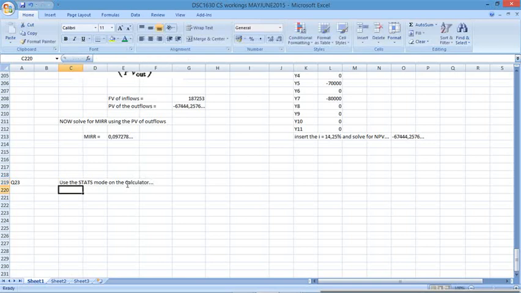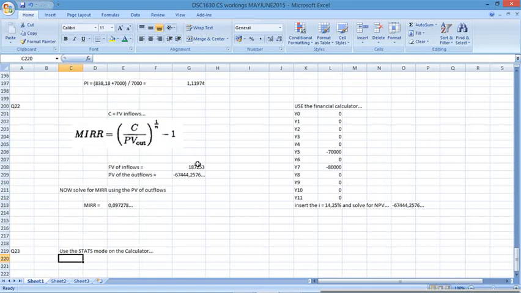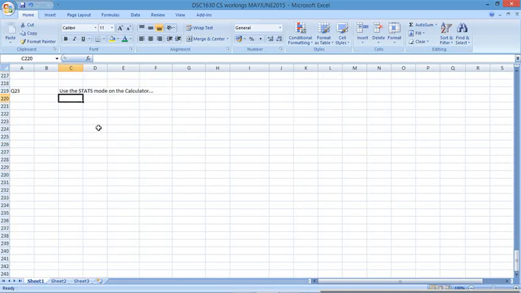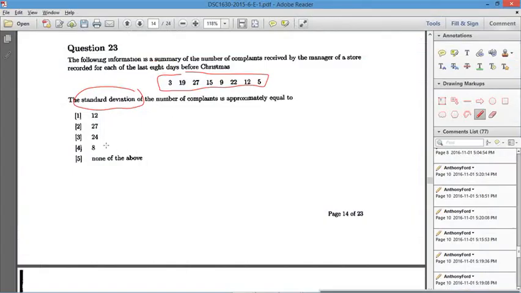Normal scientific would be fine, so long as you've got a stats mode on your calculator, you're going to be able to calculate these figures. Right, solve for standard deviation. Okay, and the calculator gives you 8.36. Okay, approximately 8.